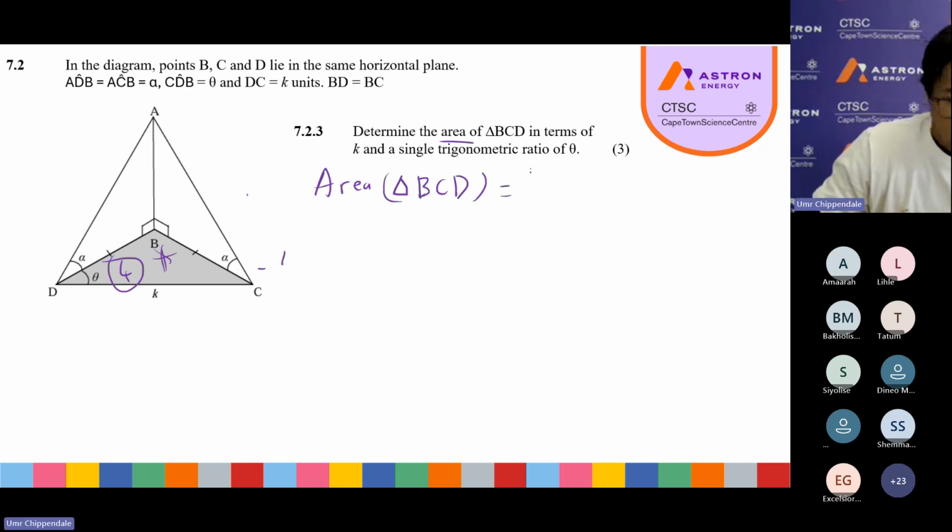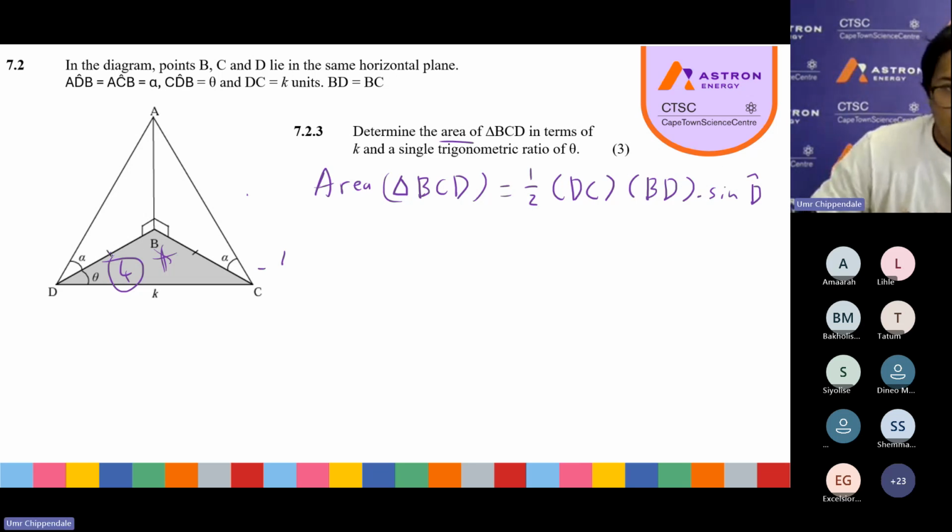That is going to be equal to half, by your base, which is DC, and then your BD, which is this perpendicular line over here. So that's going to be your BD, which is the opposite side, times sine of D.